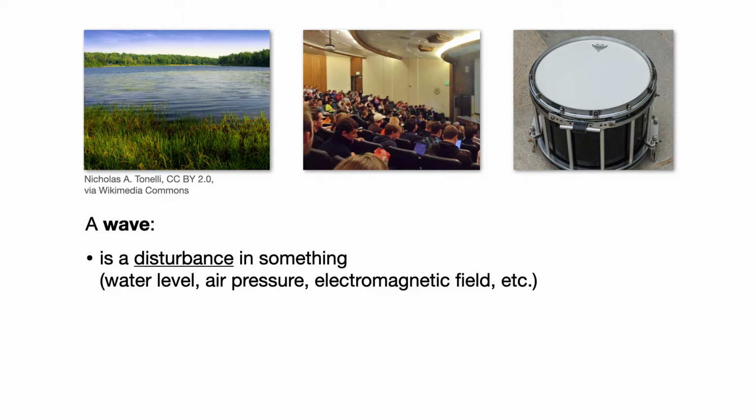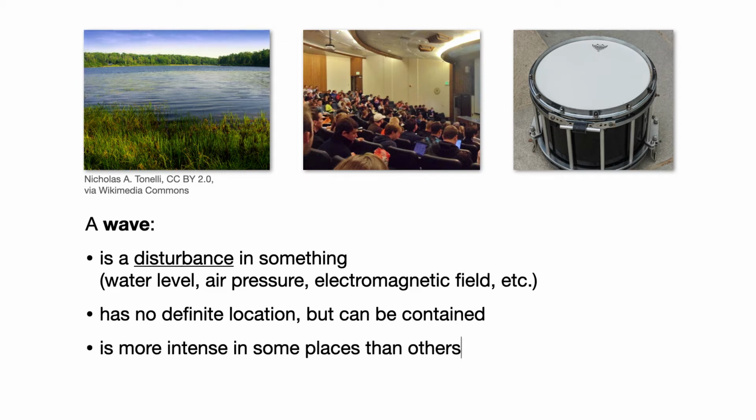Also, a wave doesn't have any definite location. It fills up the space that it's in, but it can be contained. The waves on that pond are contained by the edges of the pond. Sound waves in a room are contained by the walls of the room. Vibrations of the head of a drum are contained by the edges of that drum head. Another property of waves is that they are more intense in some places than others.